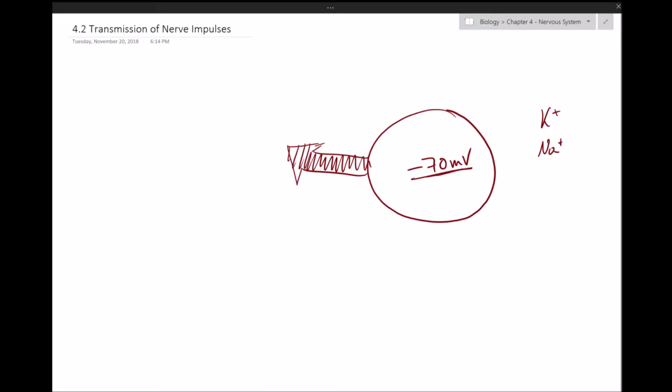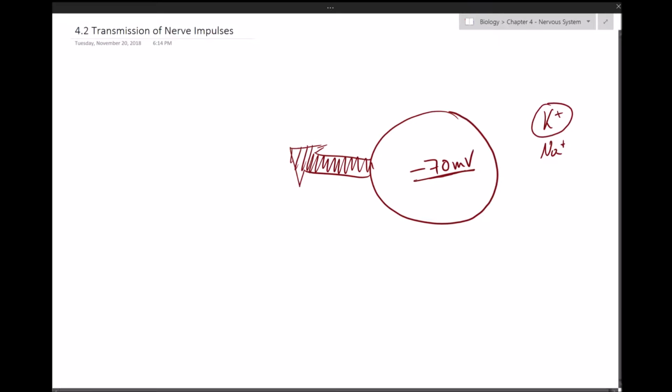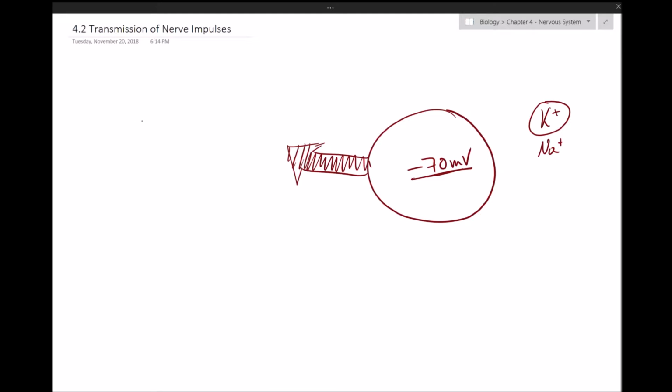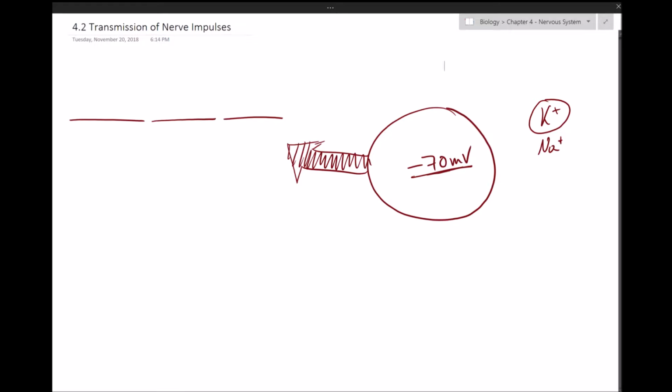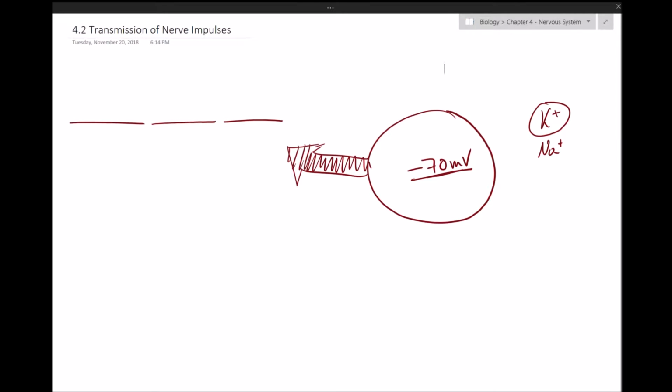Alright, so I'm going to talk about the potassium concentration inside and outside of the cell. So I'm going to draw here the cell membrane. The cell membrane divides the inside of the cell from the outside of the cell. And so if I were to draw the potassium concentration, I would have to show you that inside of the cell there are a lot more potassium ions.